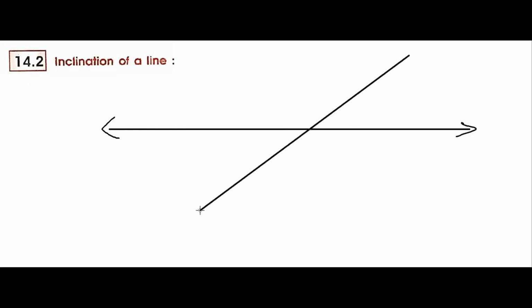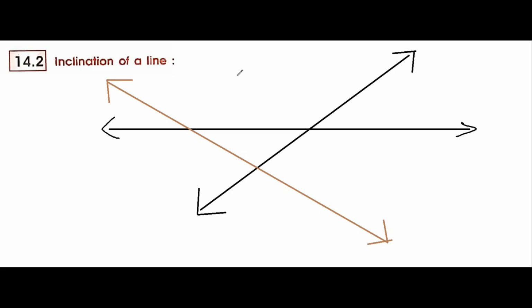Okay, so the next concept we have is inclination of a line. We have the x-axis like this, and I can have many lines. I can have this as one line, this as another line, and then another line like this.